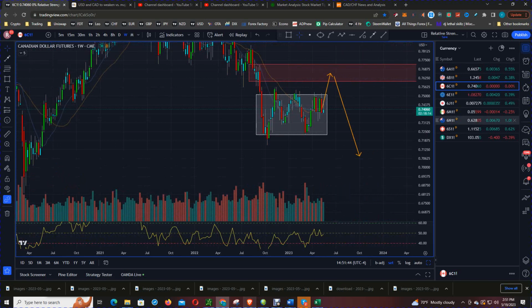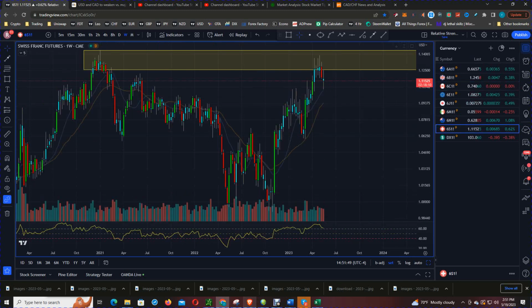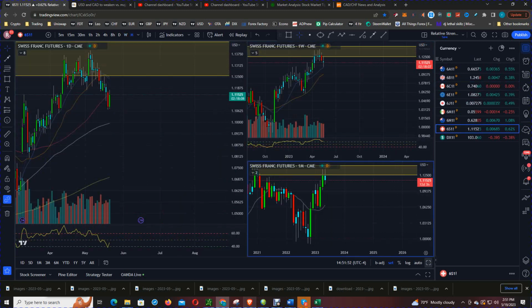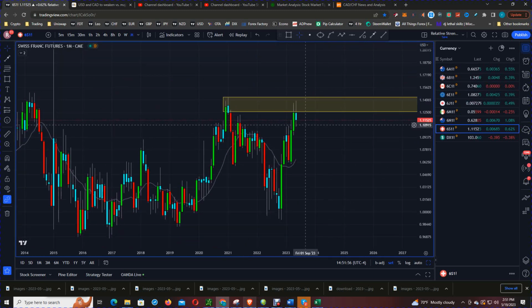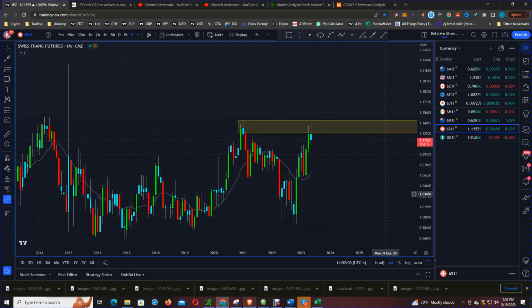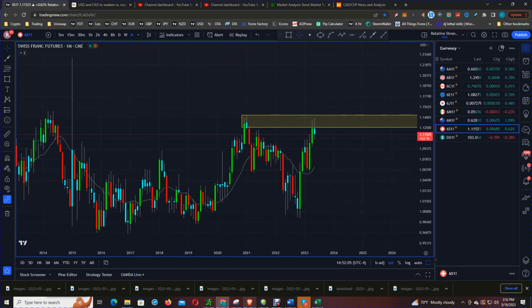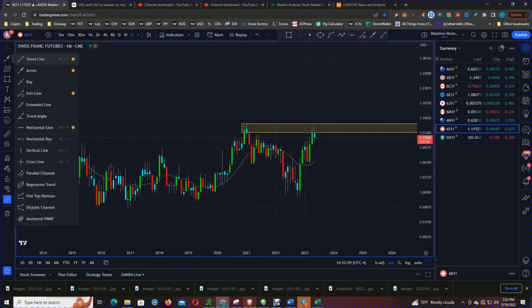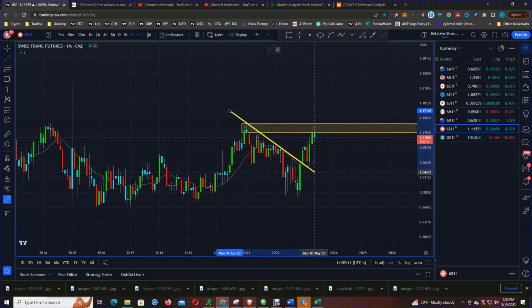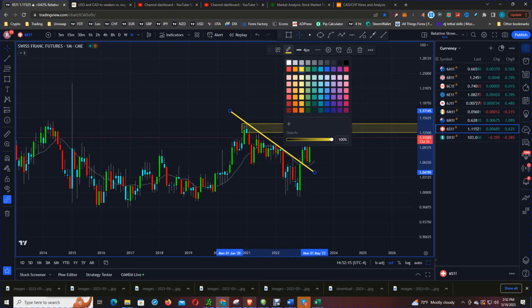Let's look at the Swiss franc. And when we look at the monthly chart, right now, price is in a monthly seller's level. So that's going to serve as resistance. But that might be short-lived in terms of breaking this level in the coming weeks, months.